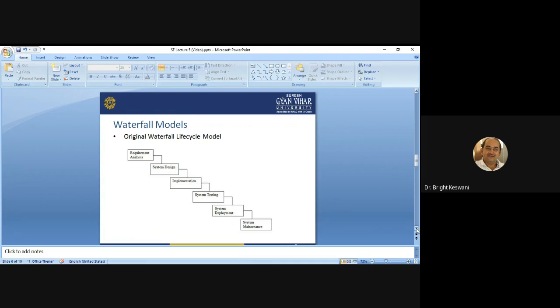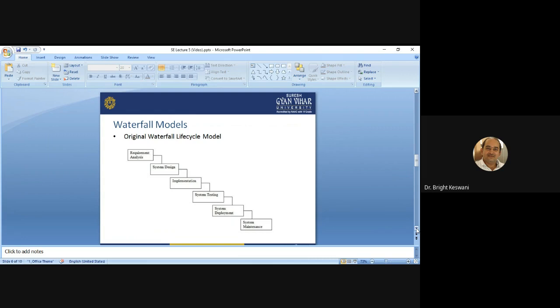The basic idea of the waterfall life cycle model is that there are different stages to the development, and the output of the first stage flows into the second stage, and these outputs flow into the third stage, and so on.